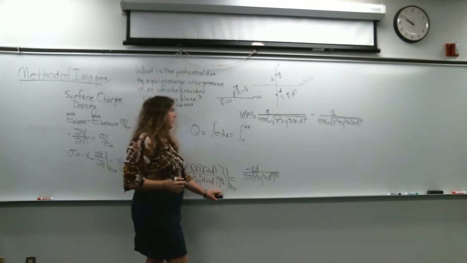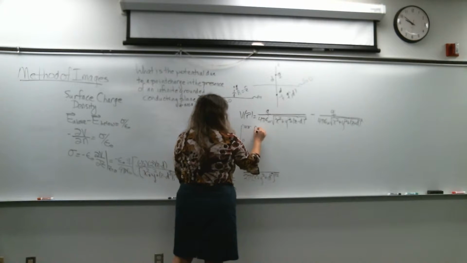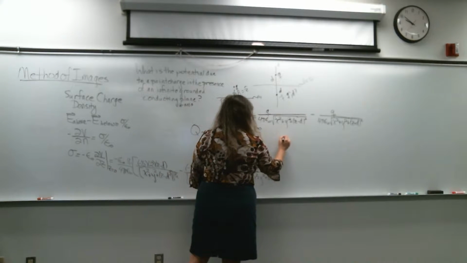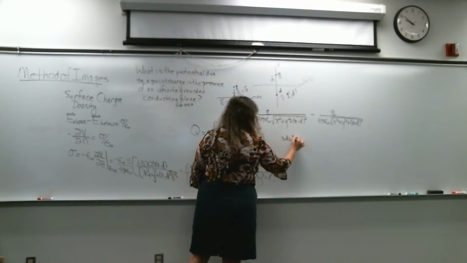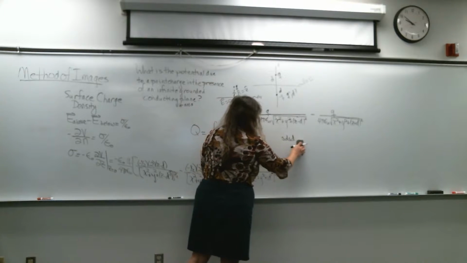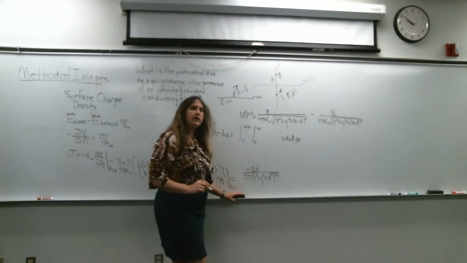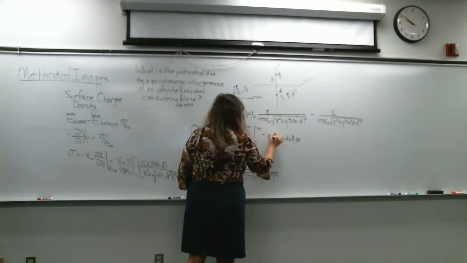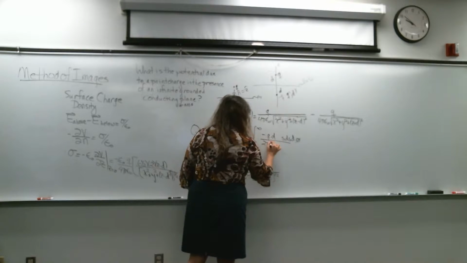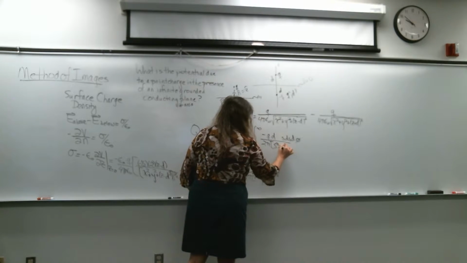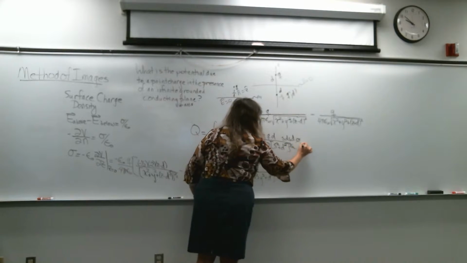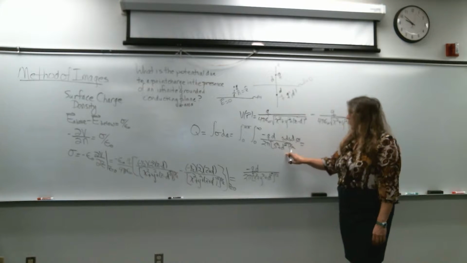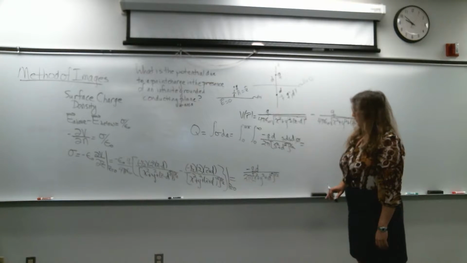I'll integrate from 0 to 2 pi, and 0 to infinity, and my surface element is s ds dt, and sigma is minus qd over 2 pi times s squared plus d squared raised to the 3/2 power.